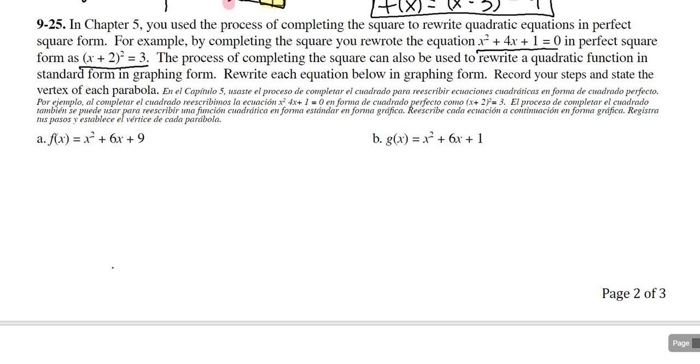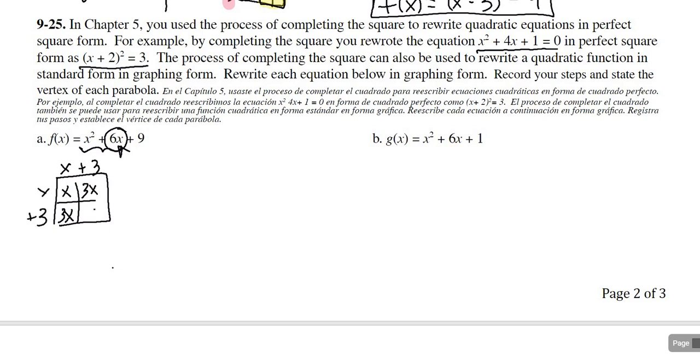So part A says f of x is x squared plus 6x plus 9. So I'm going to complete that square. This part turns into x, and then I break this into 3x and 3x. I break it perfectly in half. And then I have x plus 3, x plus 3.